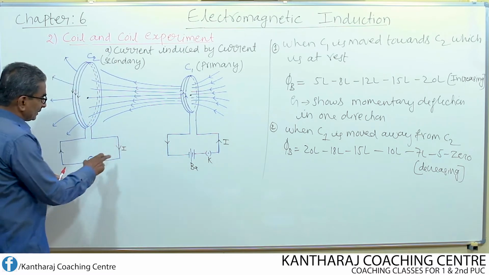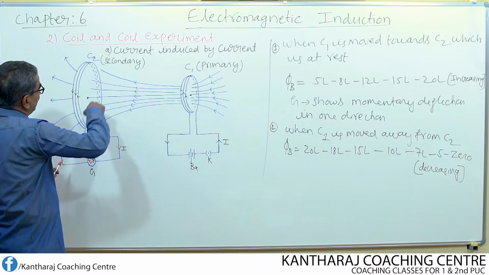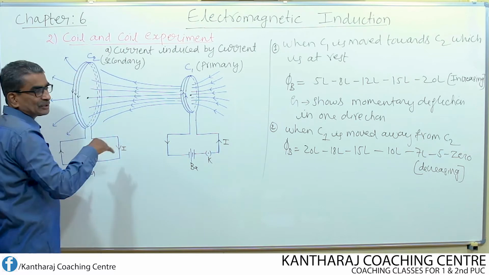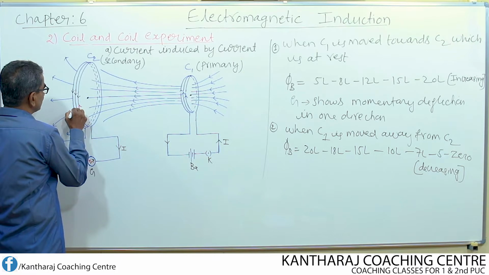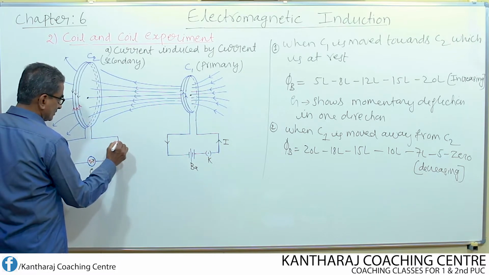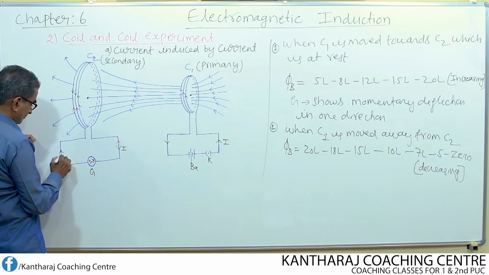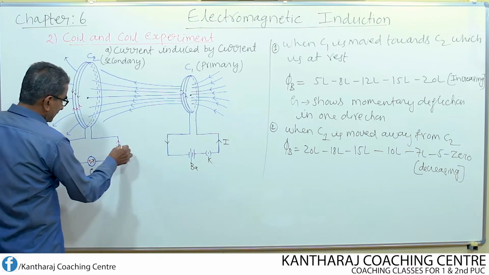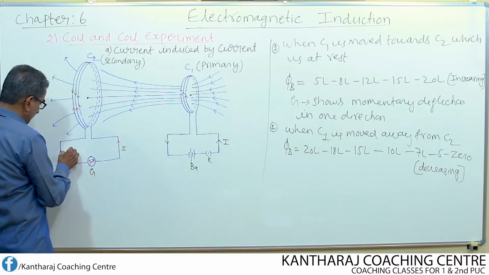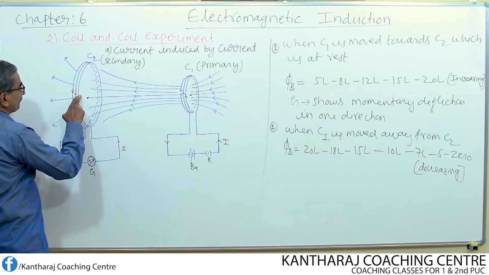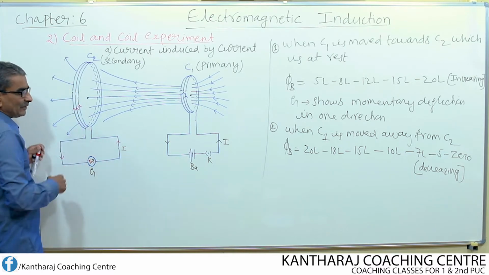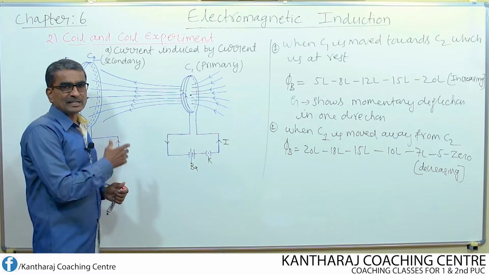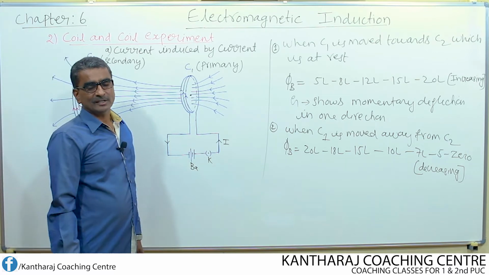Now what happens to the direction of the induced current or induced EMF in C2? That should also change. So let us now remove this direction. This will be the direction of the induced current, which is in accordance with Lenz's law.